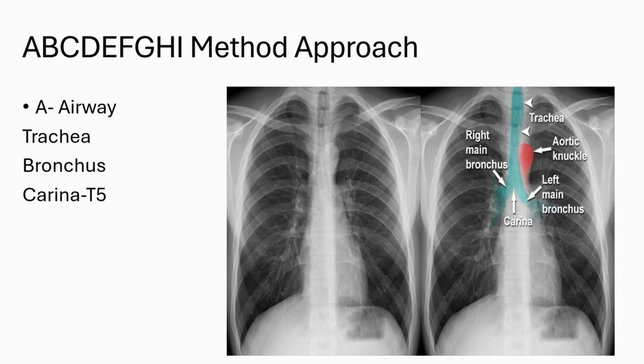The green line denotes the trachea, or air lucency, which is central or slightly deviated to the right side, whereas the carina is at the T5 level, and there are two main bronchi, right and left.